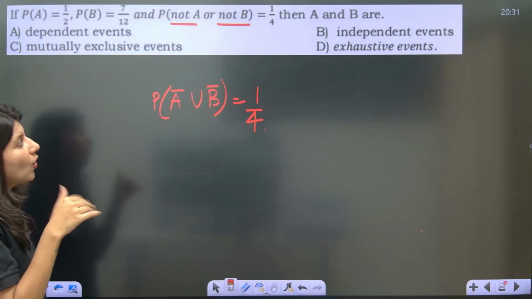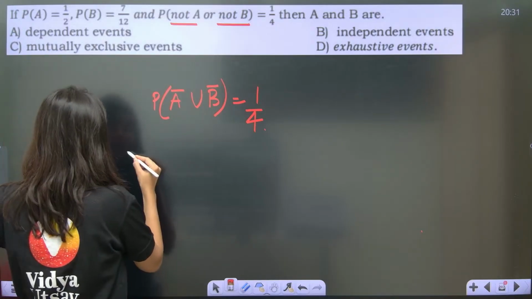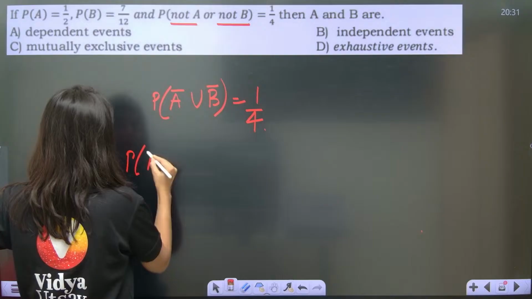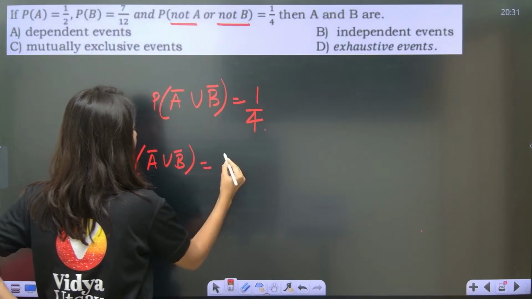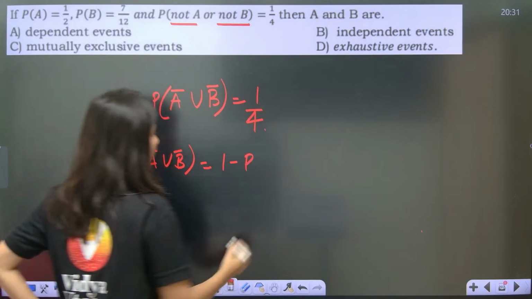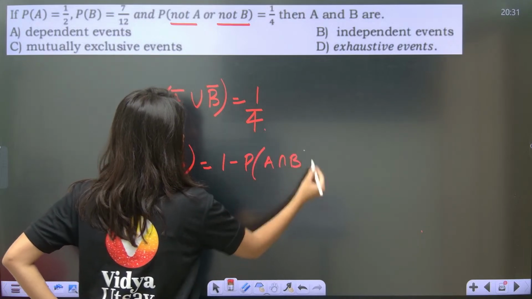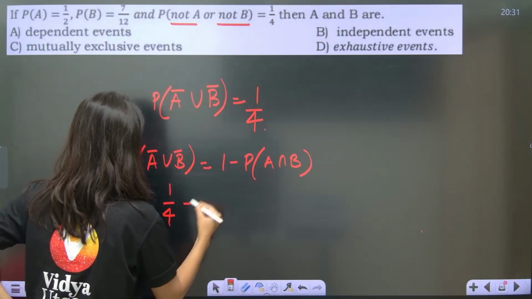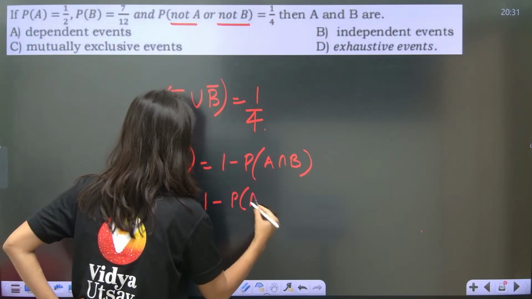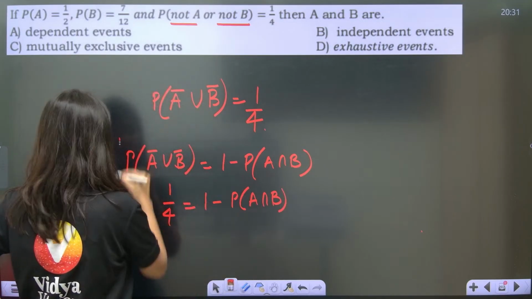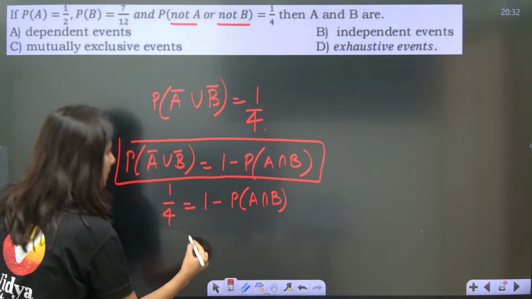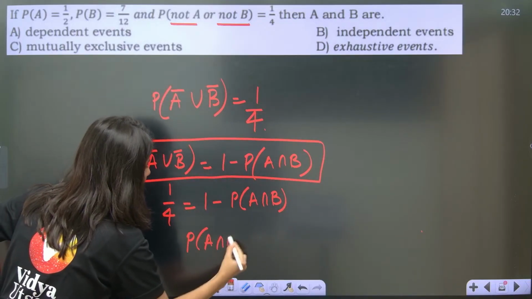Okay, not A or not B. So probability of A bar union B bar is nothing but 1 minus probability of A intersection B. So 1 by 4 is equal to 1 minus probability of A intersection B. This is the formula.